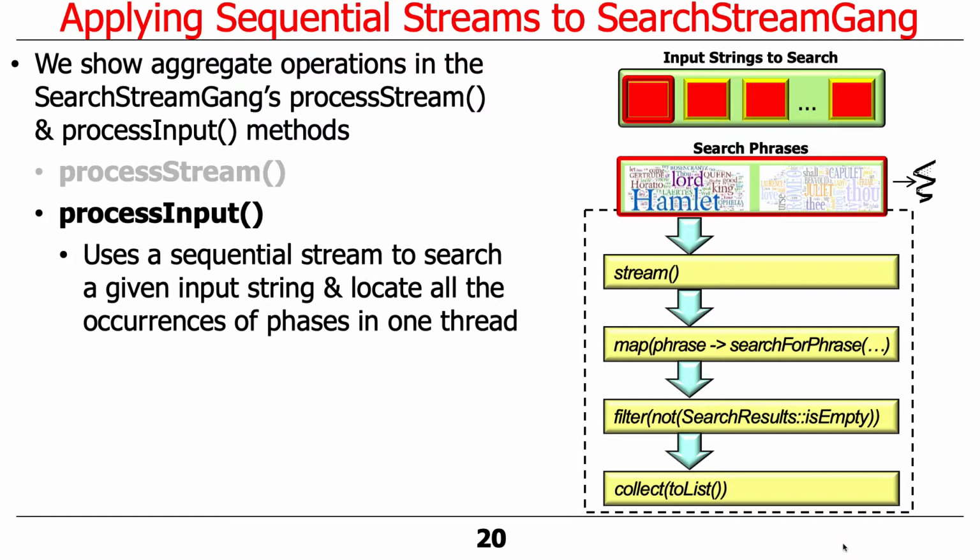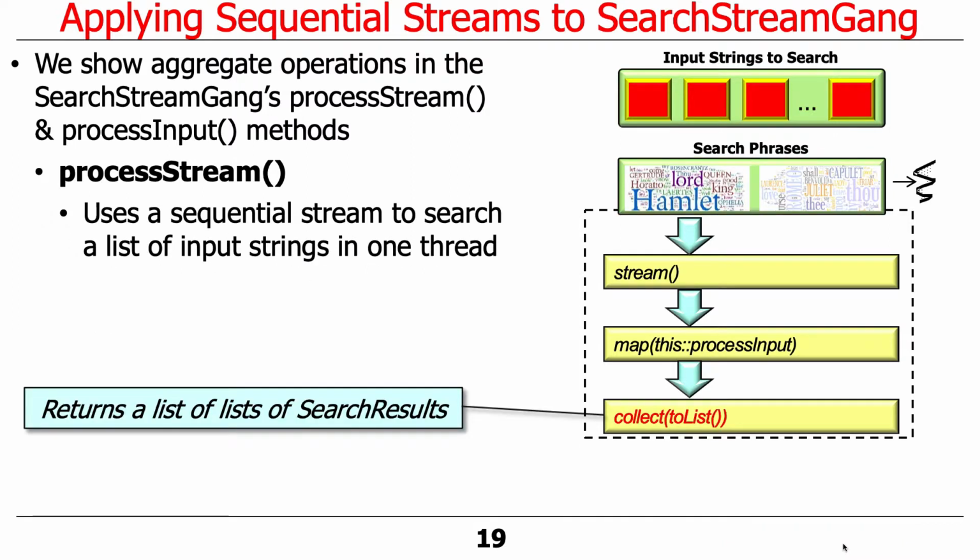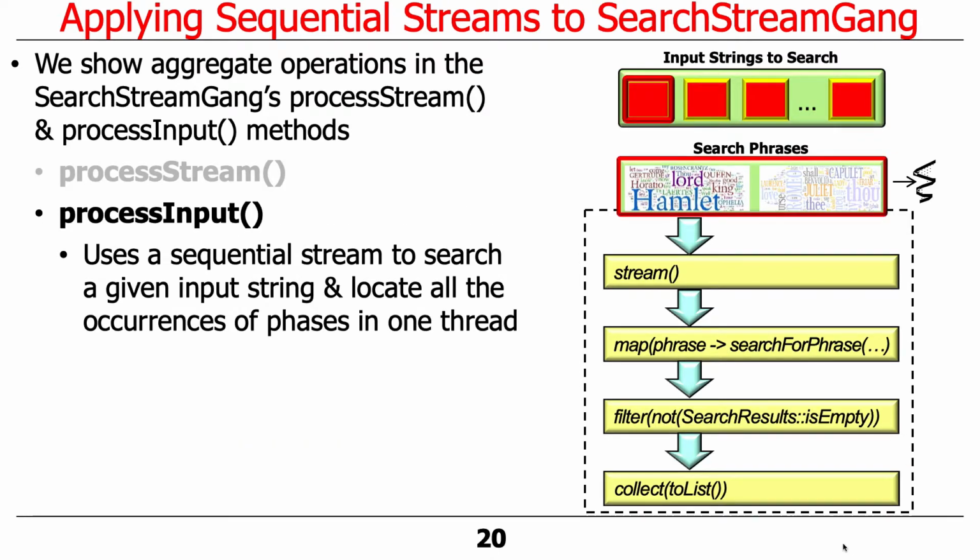There's also another method called process input. This is essentially a subroutine that's called by process stream. And what process input does is it also uses a sequential stream, so it's using the same thread of control as the method calling it.